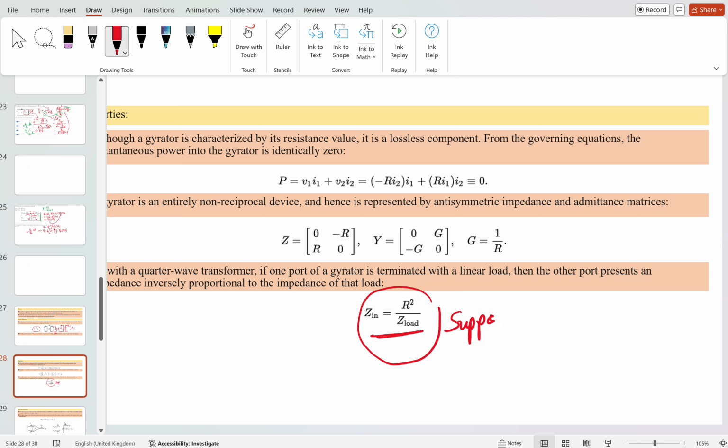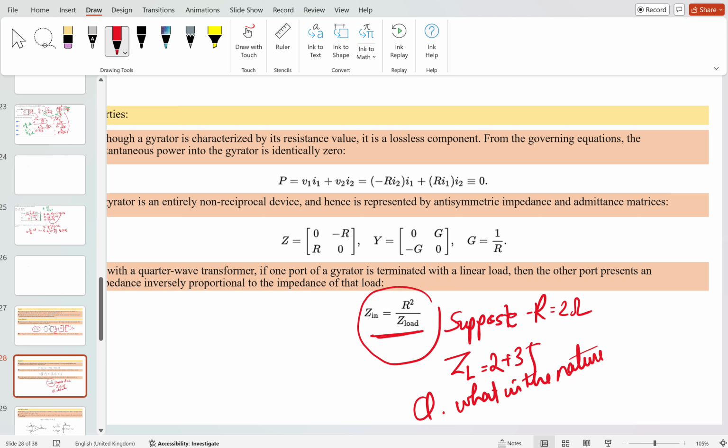The question could be asked in this kind of problem. Suppose R is given as 2 ohm, and ZL is given as 2 plus 3j. The question can be: what is the nature of Z in? Simply, Z input is equal to R square, R is already given, 2 squared, that becomes 4, divided by 2 plus 3j.